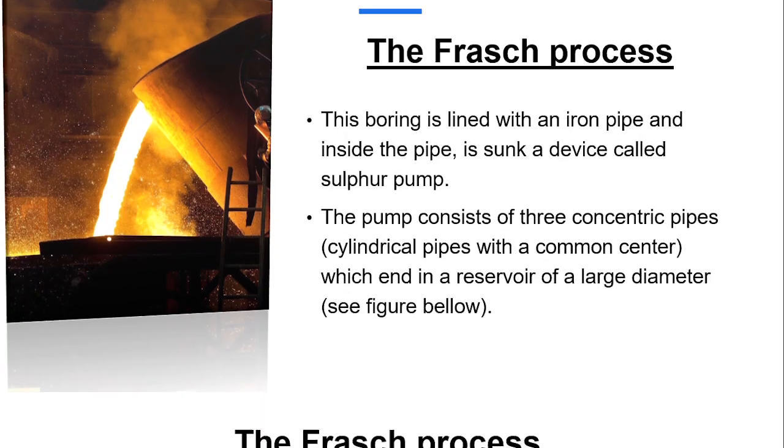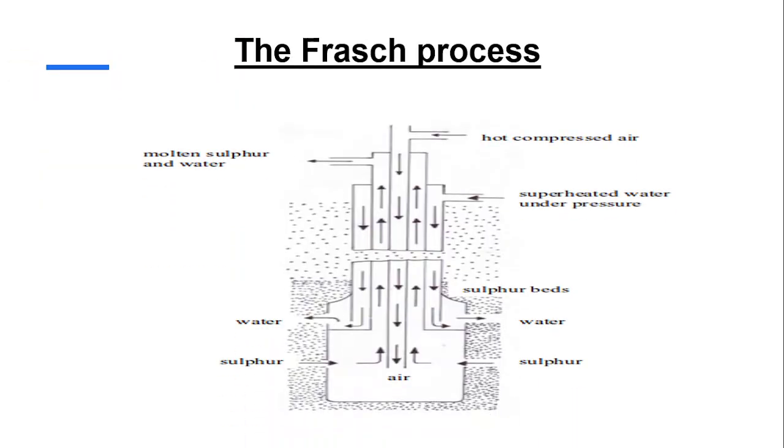As you can see in the figure of the Frasch process, the molten sulfur and the water will come out from here. The hot compressed air will be inserted in this pipe through this opening, and this pipe runs down to here, and from here also sulfur will be obtained, and there's water that comes out from this process.